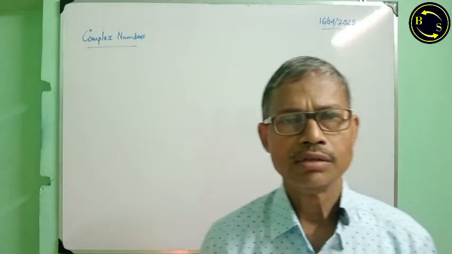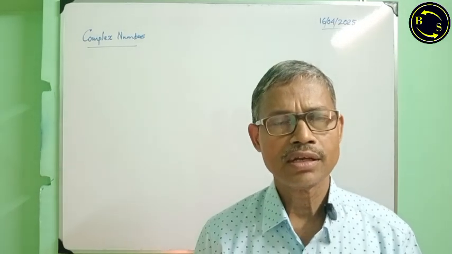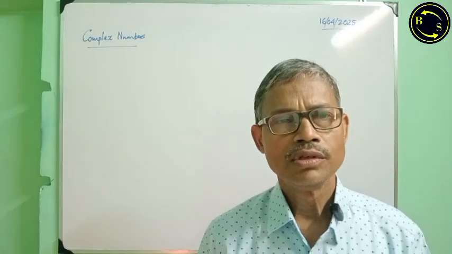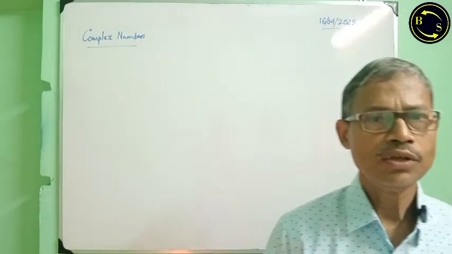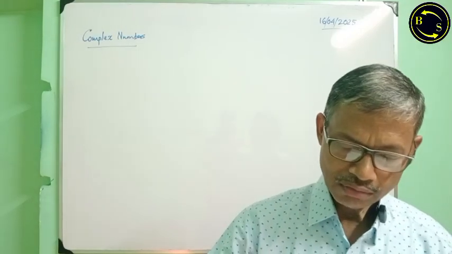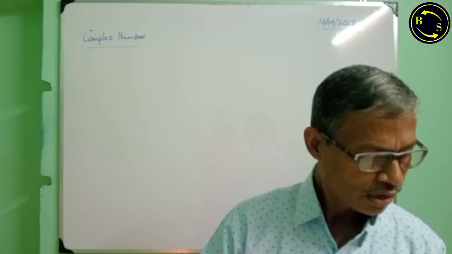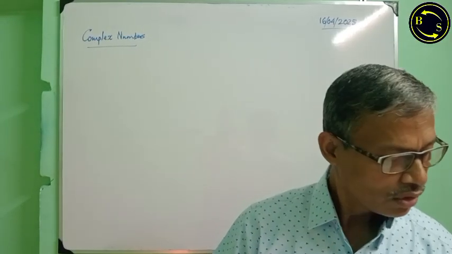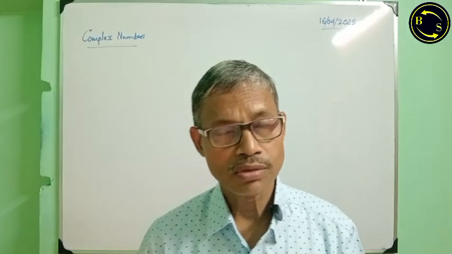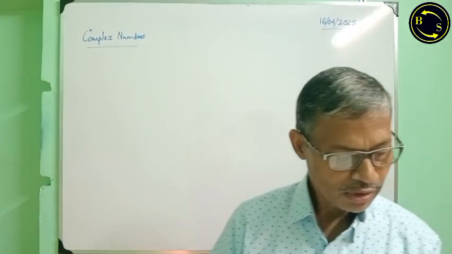I will continue today the topic complex number. Already I mentioned in the earlier episode. Before going into detail, let me mention things which are related to the earlier episode. I will mention those first.